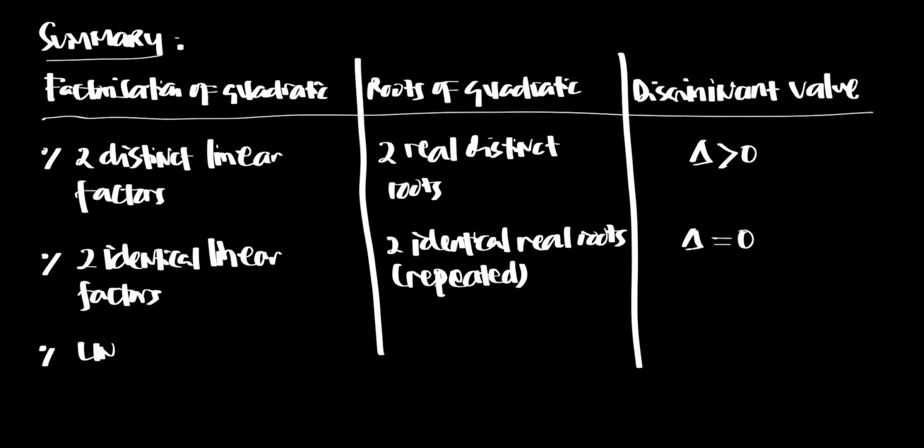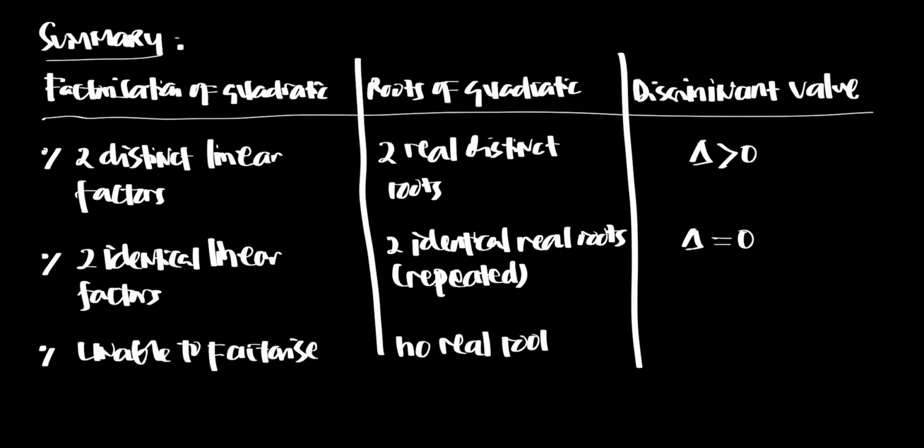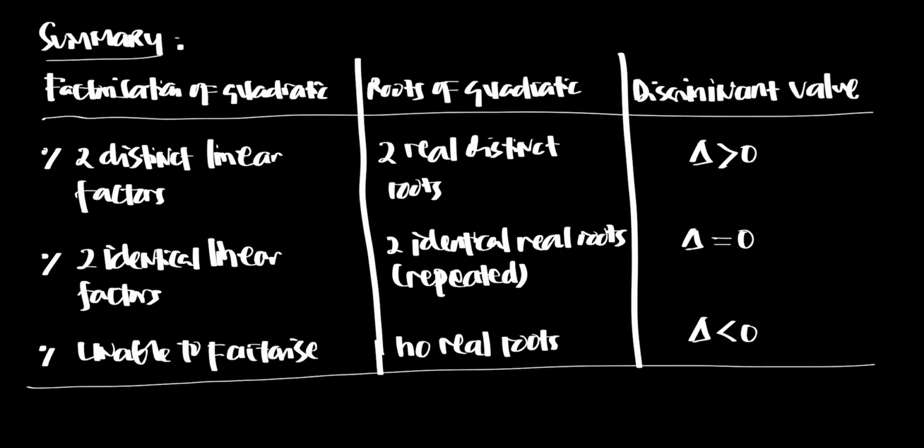The last one, because we have 3, right? Unable to factorize, it means that you cannot factorize it. If you're unable to factorize it, it means no real roots, because the discriminant value is less than 0. So we have these three conditions in order to find out the discriminant value of the quadratic equation.